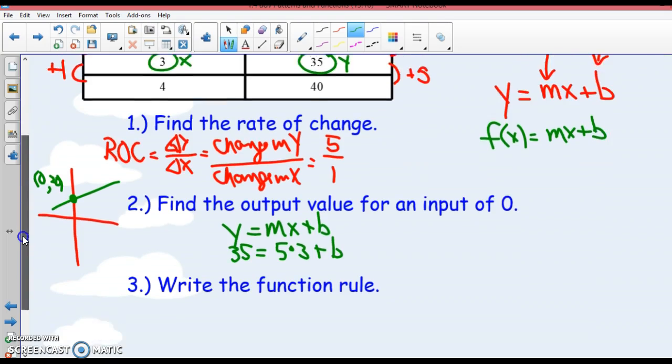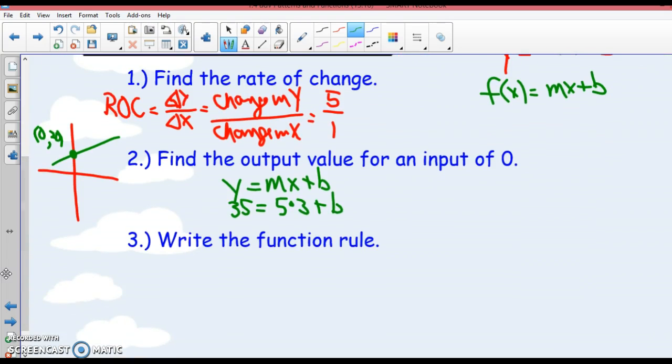This is easy. Easy peasy, lemon squeezy. Can I solve this for b? Yeah. I'm going to have 35 equals 15 plus b. Then what? Subtract 15. So b is 20. That takes a little more work, right? But it works.